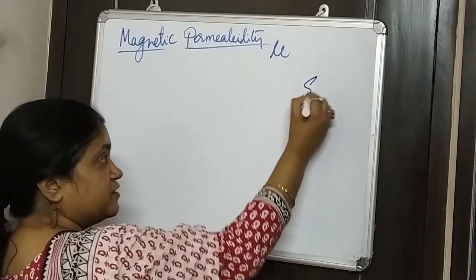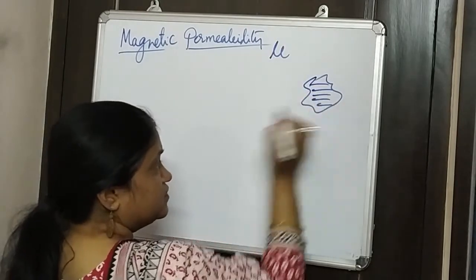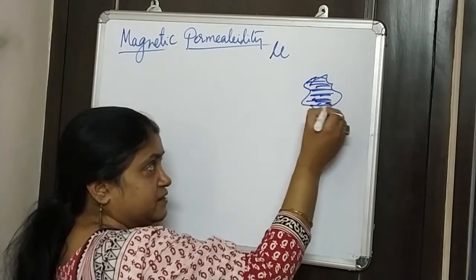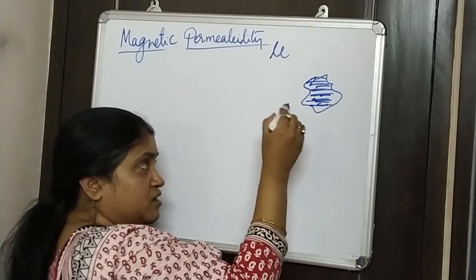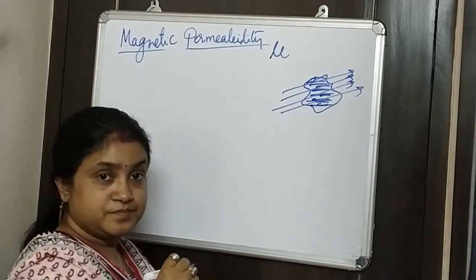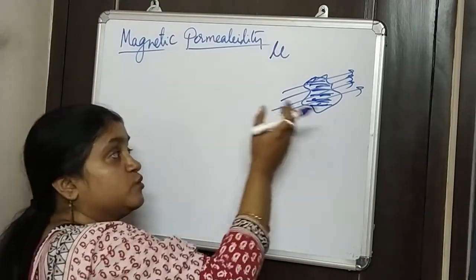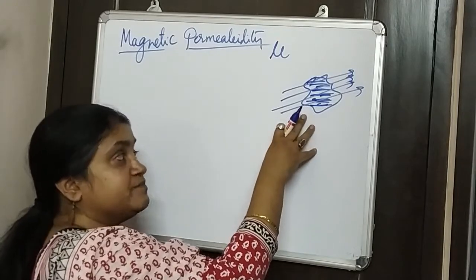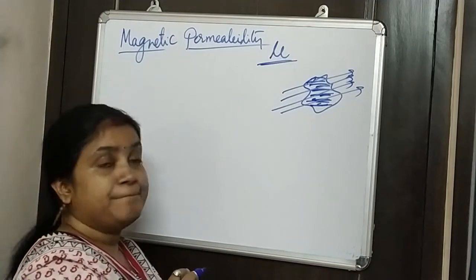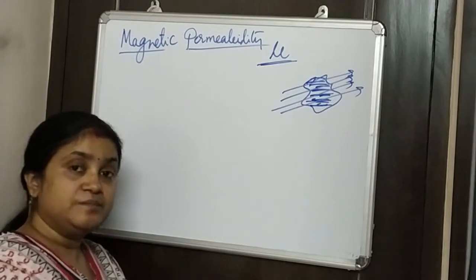Suppose I have a particular material in which magnetic field lines would pass. How much is allowed to pass through this material is given by the magnetic permeability of that material.